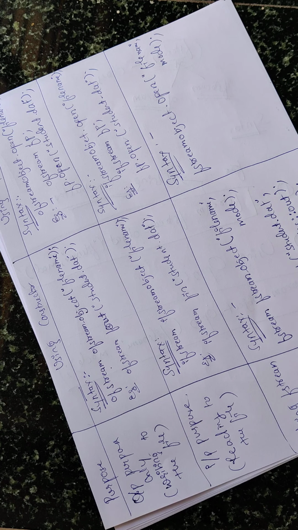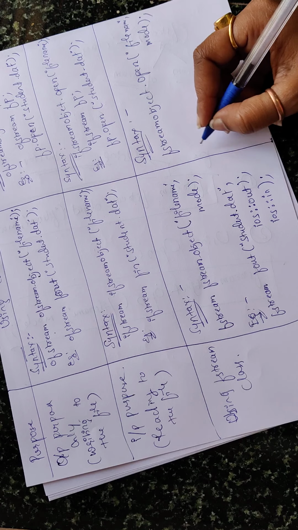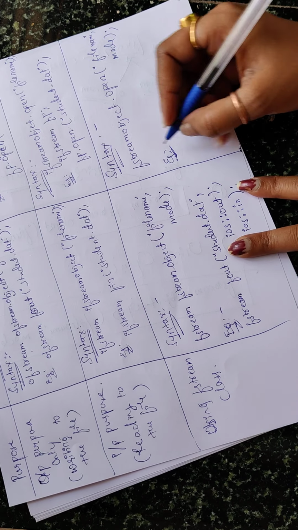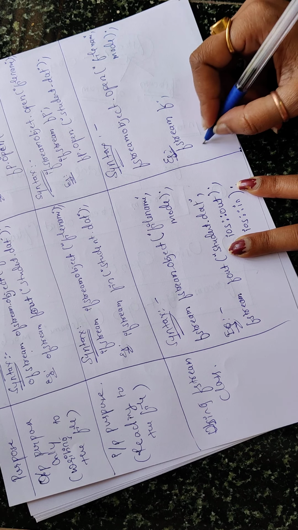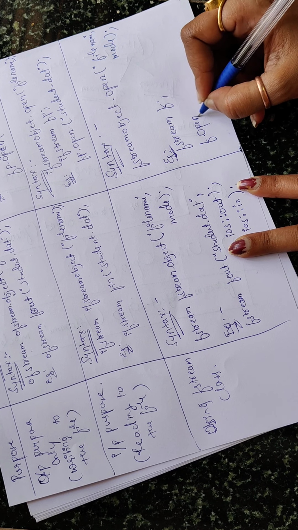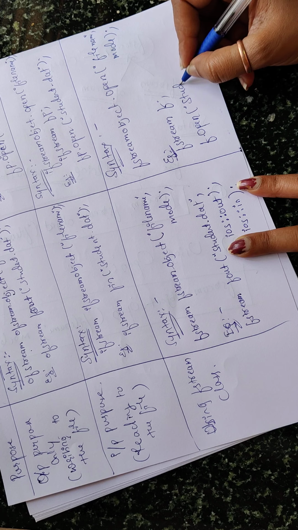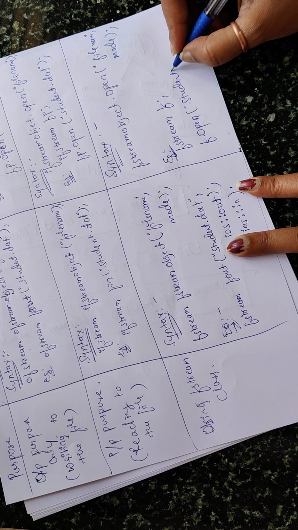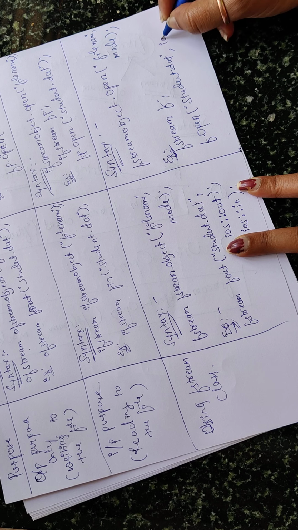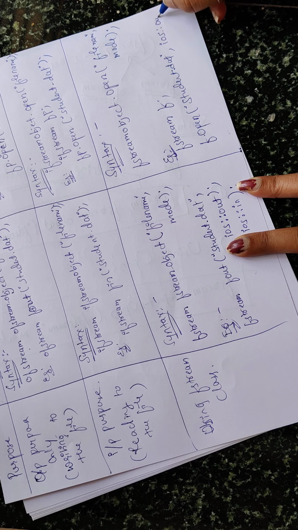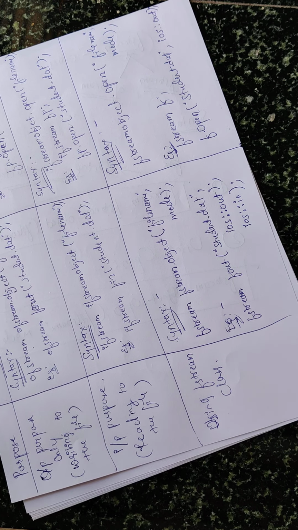The example is, you can open a file: first create the object, fstream f, then f dot open, file name student dot dat, comma ios, in which mode you want to open, that you can give. Fine. So this is how we can open a file.